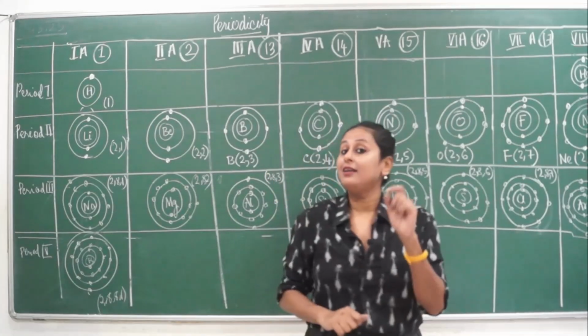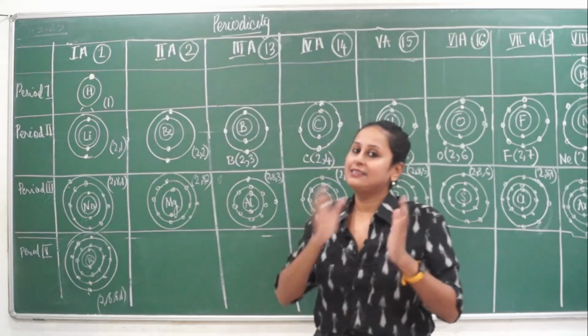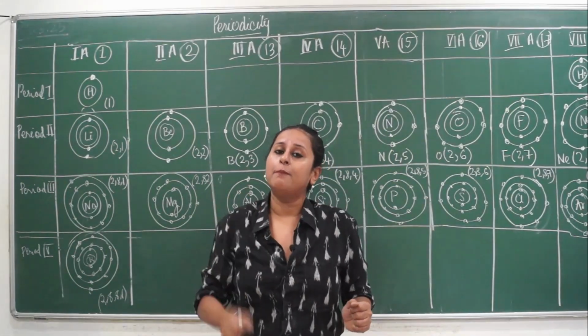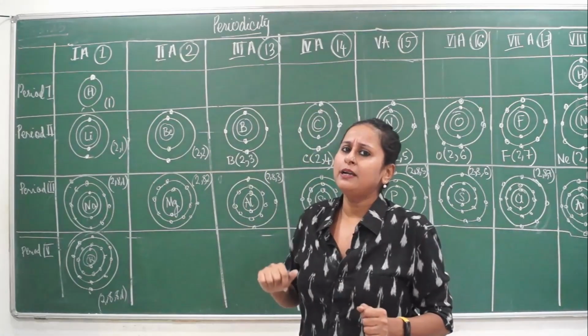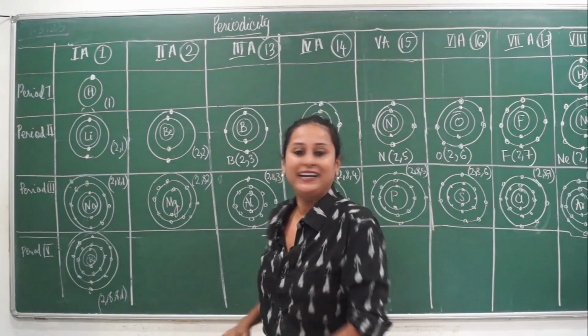Alright. So coming to our last element that we will be studying or memorizing, that is calcium, the 20th element of the periodic table with atomic number 20. What will be the arrangement? 2, 8, 1, 0 or 2, 8, 8, 2? It will be 2, 8, 8, 2.